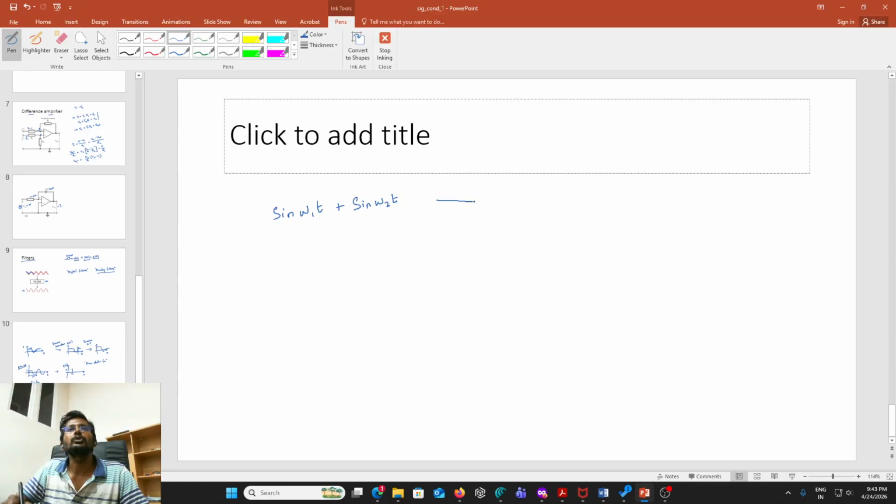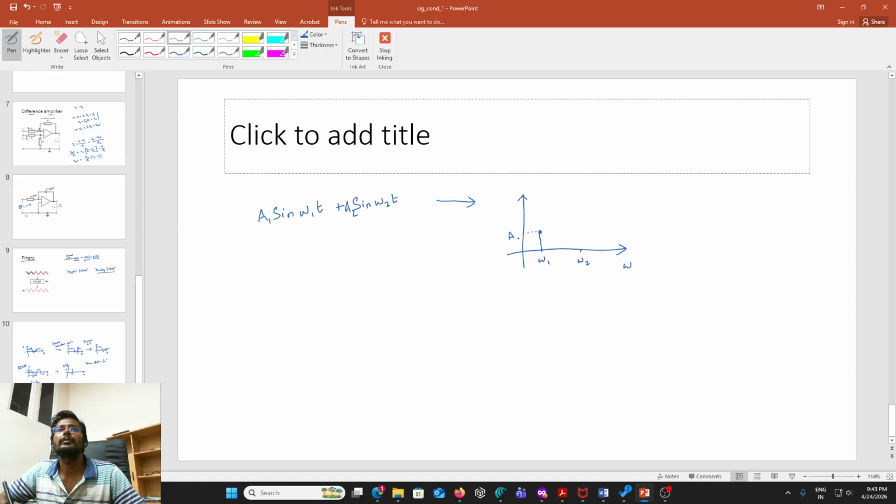If I convert this one into frequency domain, let's say a1 sine omega 1t and a2 sine omega 2t, and if you convert this one into frequency domain, how does it look? It looks like two spikes. One is at omega 1 and another one is at omega 2. So what's the height at omega 1? It's a1. Let's say this is a1.